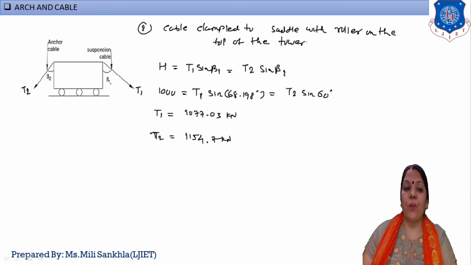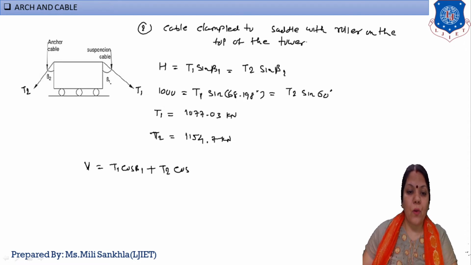Now we find out vertical force. V is equal to T1 cos beta 1 plus T2 cos beta 2. Now again put the values.